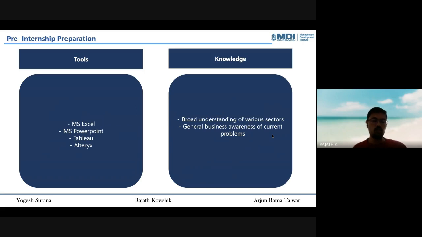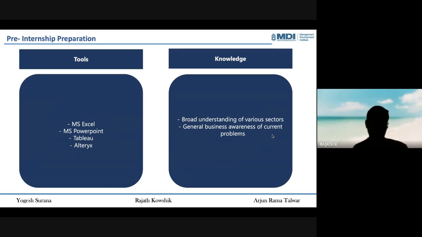When it comes to the tools, what was recommended to me were these four different tools, out of which I did not have a chance to go through Alteryx. That's also a very useful tool. However, with Alteryx and Tableau, you can really learn them on the go, because the level to which a consultant would have to deal with them may not be as nuanced as someone whose primary job is that of an analyst.